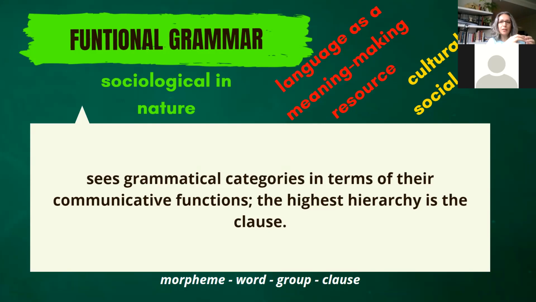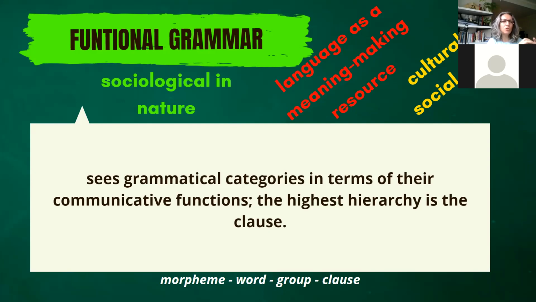And it treats everything, bunches of words and groups of words, as carrying meaning on their own. So the hierarchy for functional grammar is morpheme first, word next, then groups of words, and then a clause. And functional grammar can be studied within cultural and social context. And it's a means of making meaning and communicating meaning, or language is.